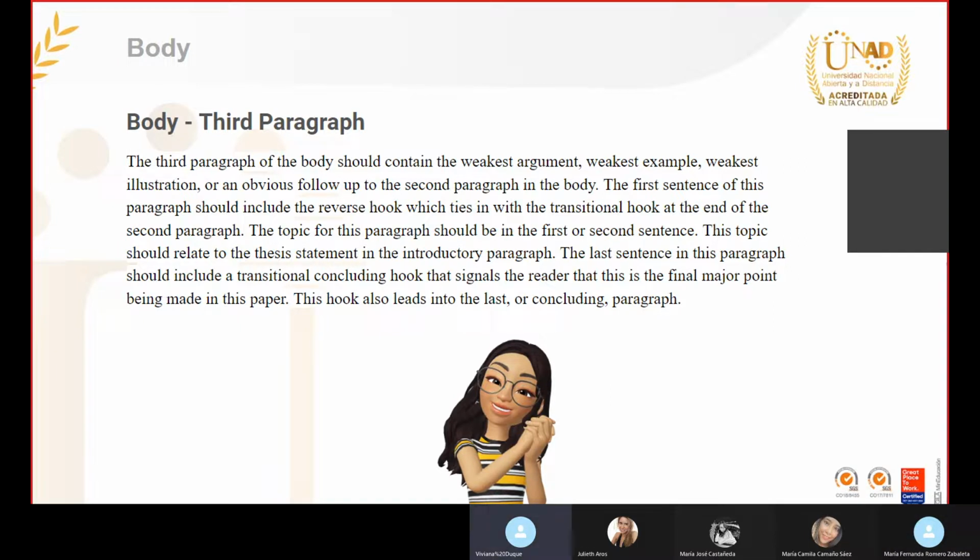The third paragraph of the body should contain the weakest argument, the weakest illustration and an obvious follow-up of the second paragraph in the body. The first sentence of this paragraph should include the reverse hook, which ties in with the transitional hook at the end of the second paragraph.